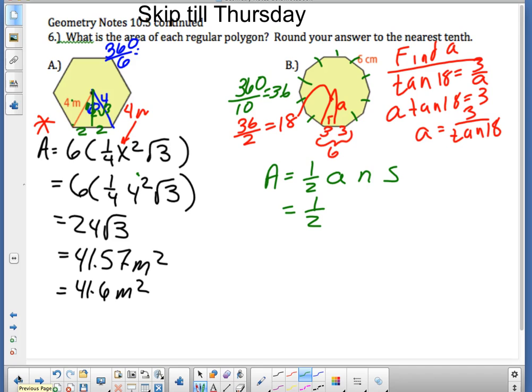I expect to see the work to support finding the missing pieces you needed, along with you writing down the formula, plugging in the numbers you're going to put in your calculator, okay? N, the number of sides, is 10. S, the side length, is 6. I expect to see those.